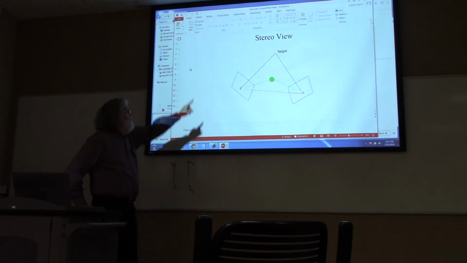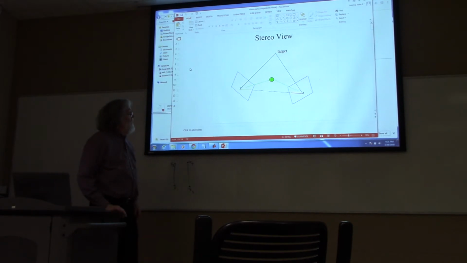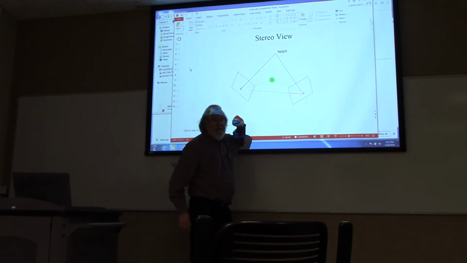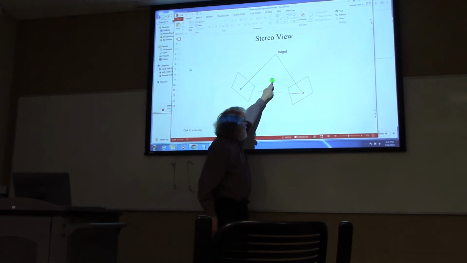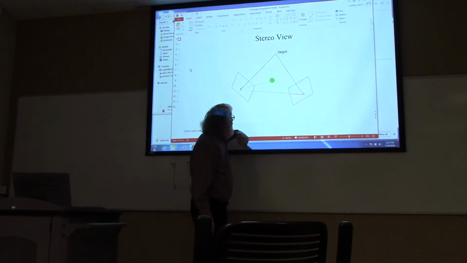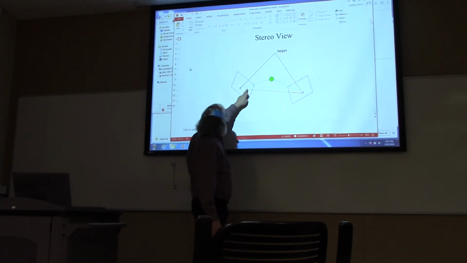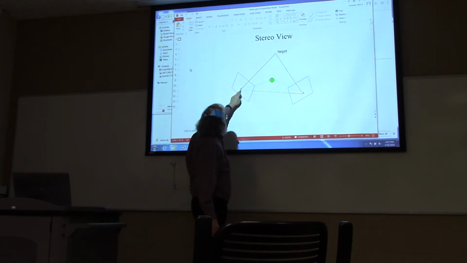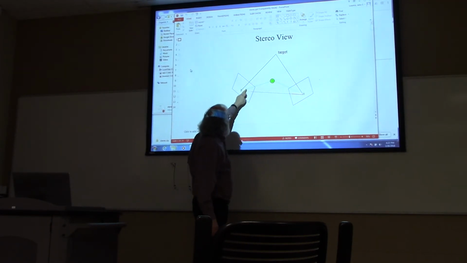Okay, forget about that target here. Let's concentrate on the image. So here's a point out in space. Here's two cameras. So this camera is producing an image at that point, and this point is producing an image right here.